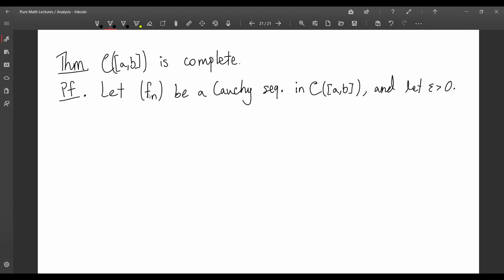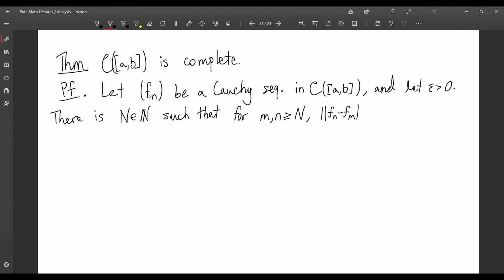So using the fact that this is Cauchy, there is some natural number N such that for m and n greater than or equal to N, the supremum norm of f sub n minus f sub m is less than epsilon over 2, right?